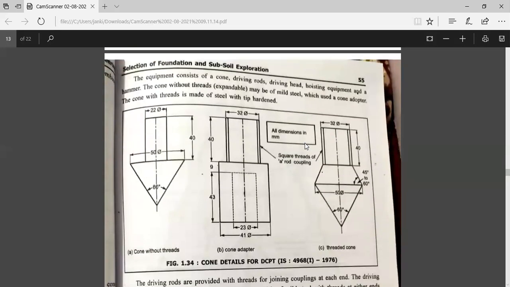The equipment consists of a cone, driving rods, driving head, hoisting equipment, and a hammer. A cone without threads may be of mild steel and uses a cone adapter. The cone with the thread is made of steel with the tip hardened.